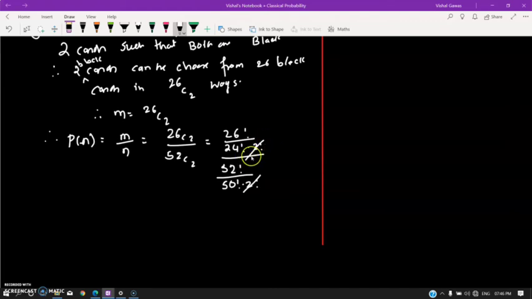So the 2 factorial gets cancelled. Using the trick, this is just 26 into 25 over 52 into 51. I hope you know what I've done: I've written 26 factorial as 26 into 25 into 24 factorial, and cancelled the 24 factorial, the 2 factorial, and the 50 factorial.